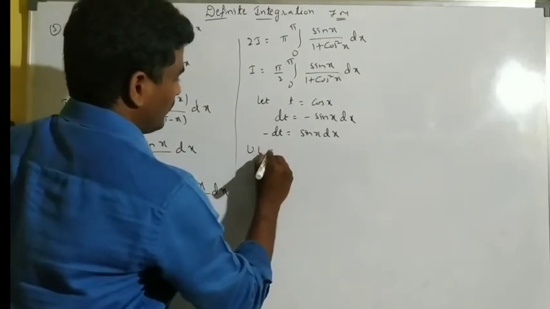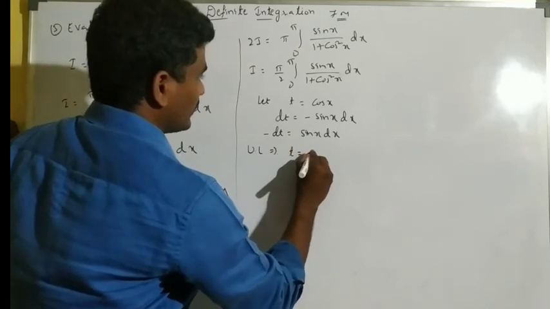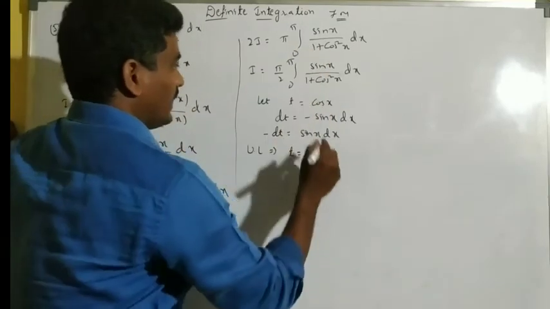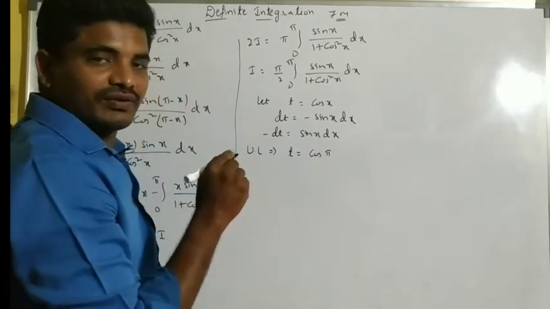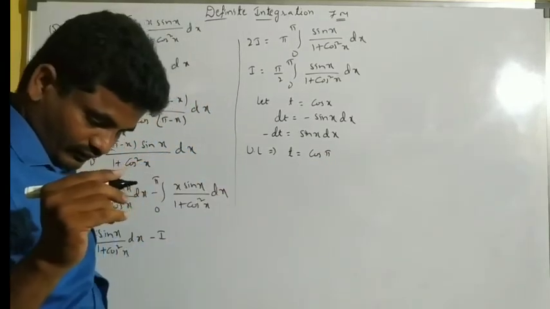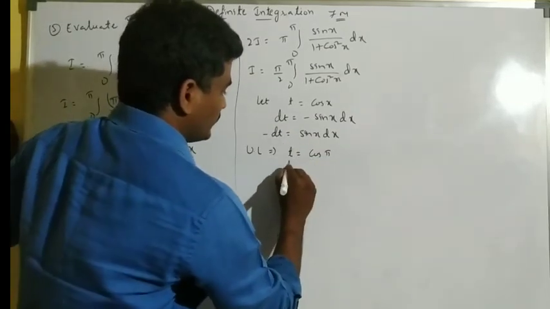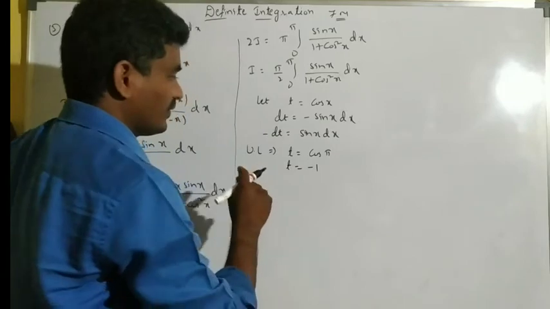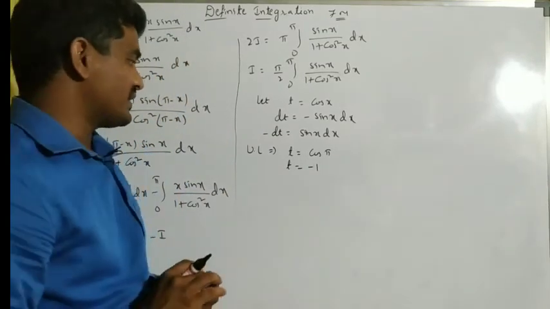Upper limit: we have to substitute t equals cos pi first. Cos pi value equals what here? Cos pi value equals minus 1, because cos 180 degrees equals minus 1.